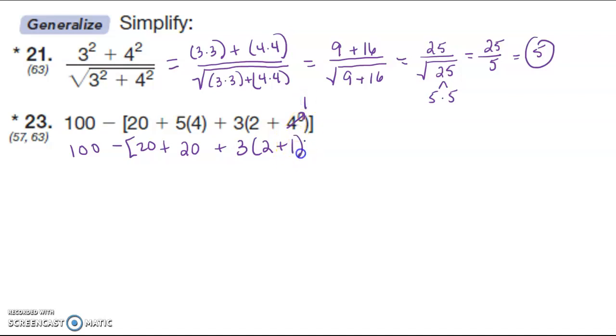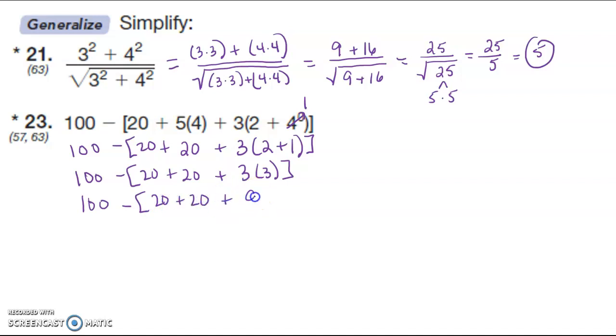Anything to the 0 is 1. So I'm writing everything down just like it is. I took care of that, so that's 20 plus 3 times 3. 100 minus 20 plus 20 plus 9. Now I need to do what's here. So I have 20 plus 20 is 40 plus 9, so I have 100 minus 49, which is 51.